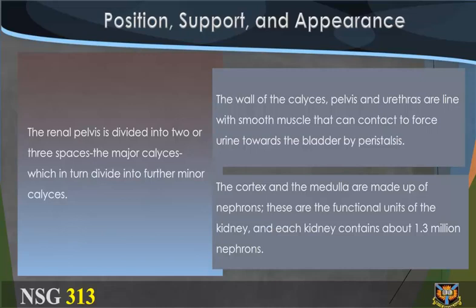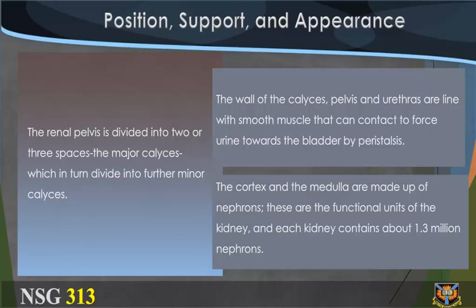The renal pelvis is divided into 2 or 3 spaces: the major calyces, which in turn divide into further minor calyces. The walls of the calyces, pelvis, and ureter are lined with smooth muscle that can contract to force urine towards the bladder by peristalsis.